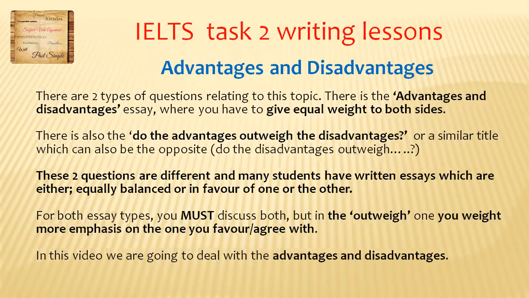So you could say a disadvantage of homeschooling is that children don't get classmates, or they don't have anyone to talk to. That would be a disadvantage, so you have to mention it. You can't have an essay where your whole essay is based on the advantages, because that would get you a lower score, because it doesn't answer the question fully.